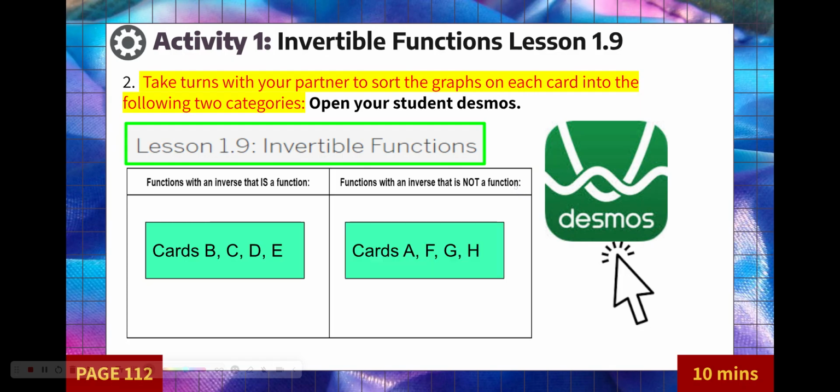So these are the cards A, F, G, and H. Go back and check your answers if you got it right. If not, take a look and double check why A, F, G, H are not considered a function. Alright? Take a look, and then come back here. Pause my video if you want. Alright.